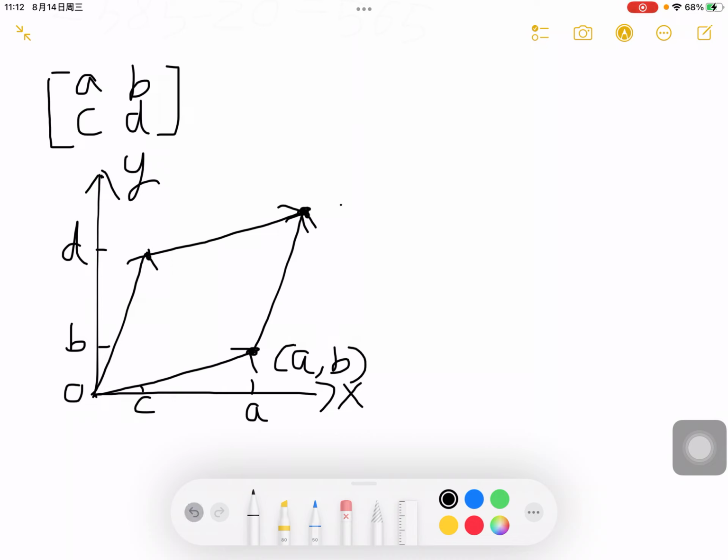We'll see that. But first, I want to figure out the coordinates of this point. Now this point is going to be A plus C, B plus D. Why?